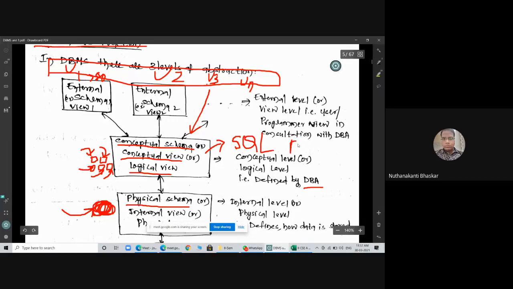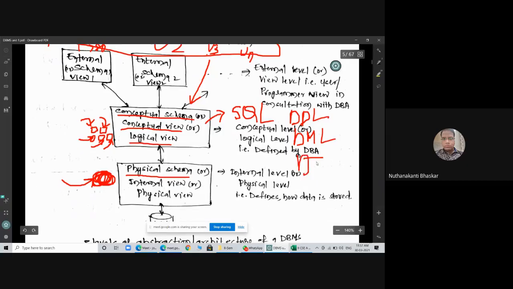That is data definition language, data manipulation language, and data control language. Using this SQL language, you already know these three, they are going to design the database. So that is the job of the database administrator.